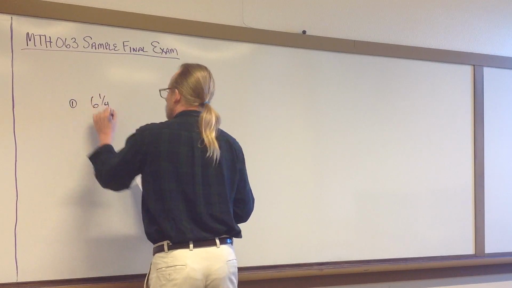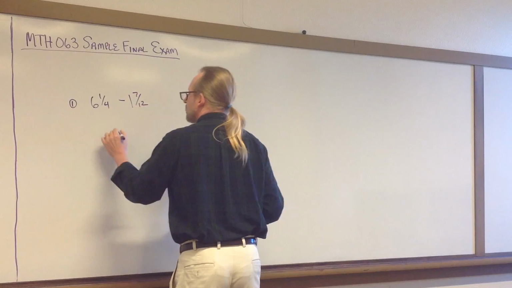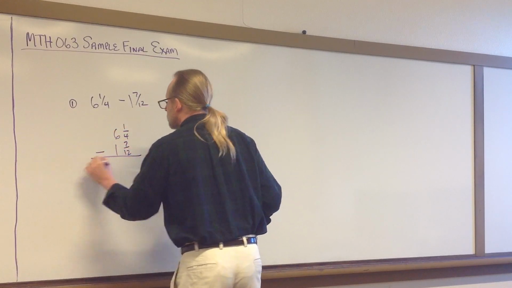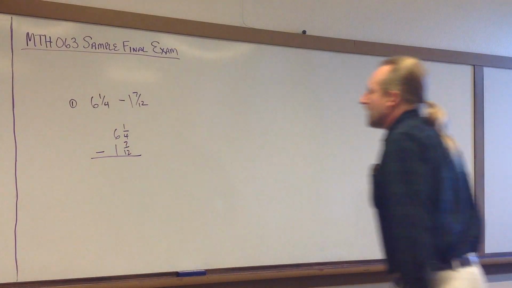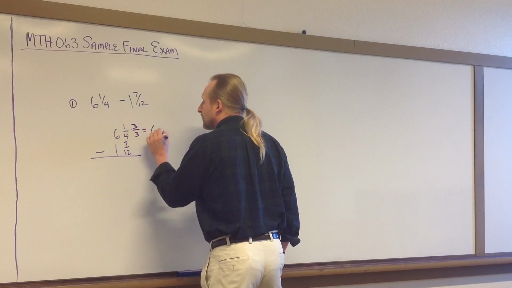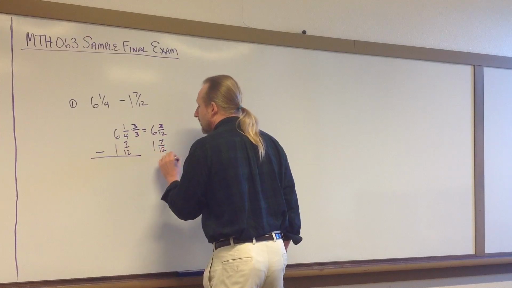without the calculator. 6 1/4 minus 1 7/12. The first thing I'm going to do is make a common denominator here. It's nice, the 12 is going to be our common denominator, and so this will be 6 3/12, 1 7/12.